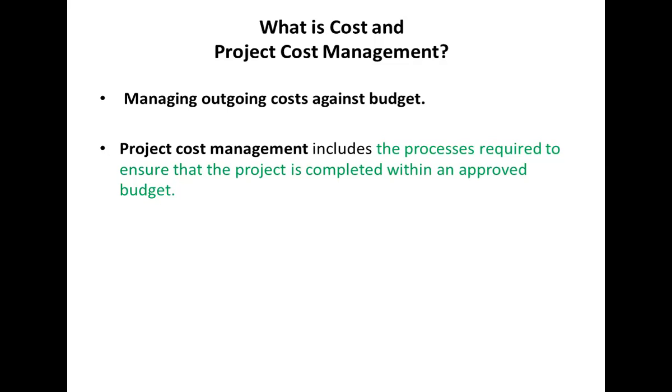So we have a budget planned initially for our whole project, and we have to manage the outgoing costs against this budget. Okay. So project cost management would include processes required to ensure that the project is completed within the approved budget. Okay. So that's the main target of cost management.